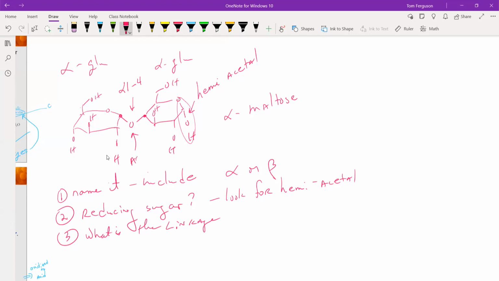This is a full-blown acetal because there's no OH there. So that would be yes. And why? We would point to the hemiacetal. And then the linkage is going to be alpha 1,4. That is a typical question on the next test.